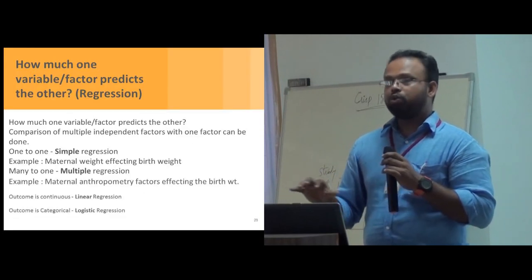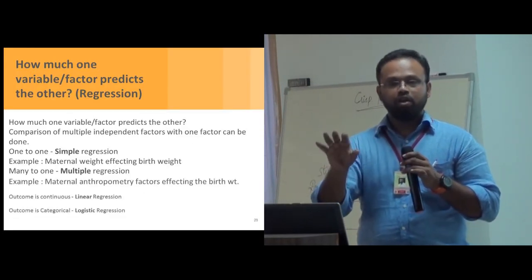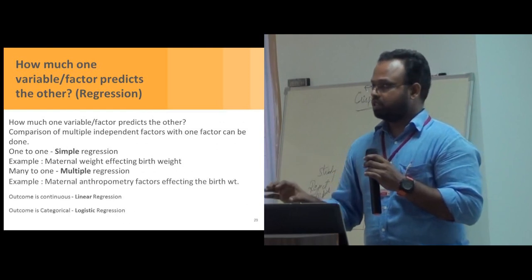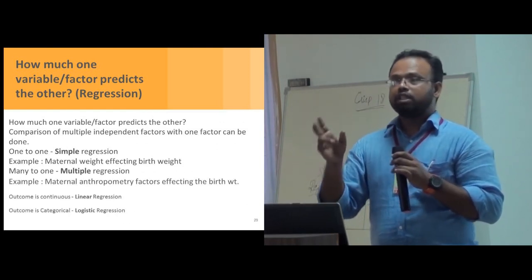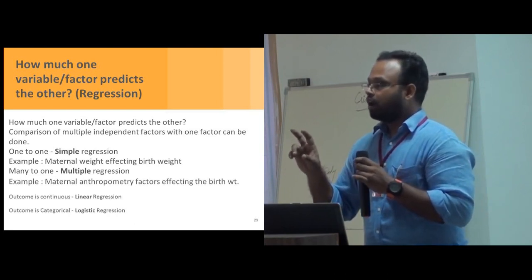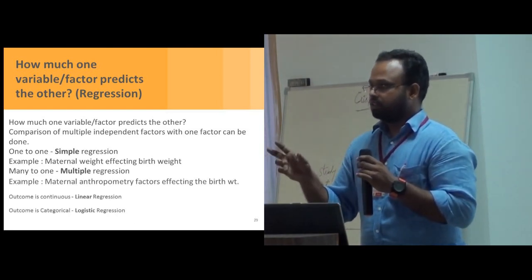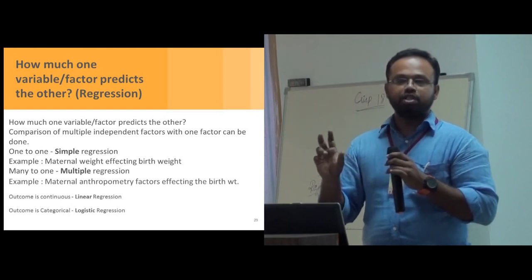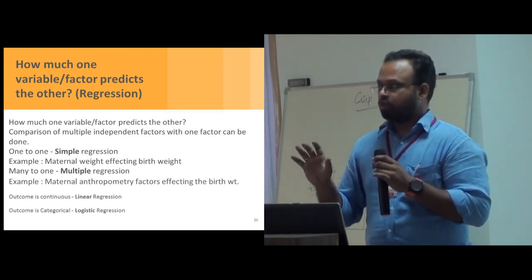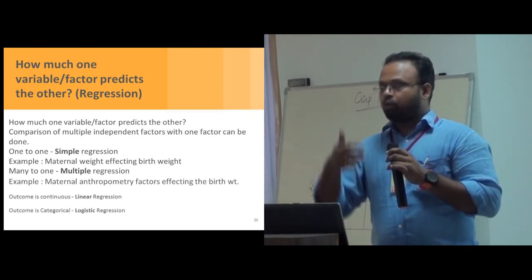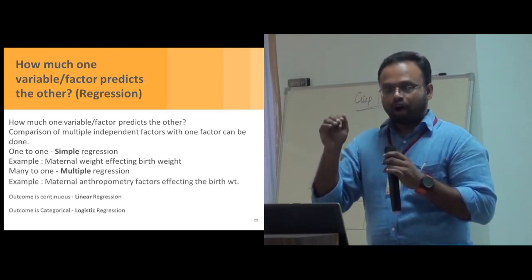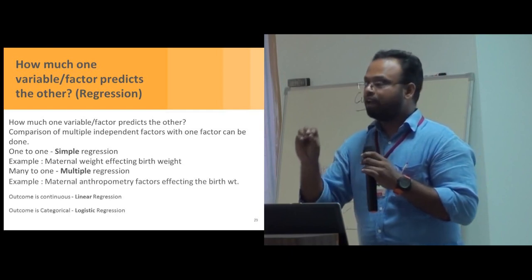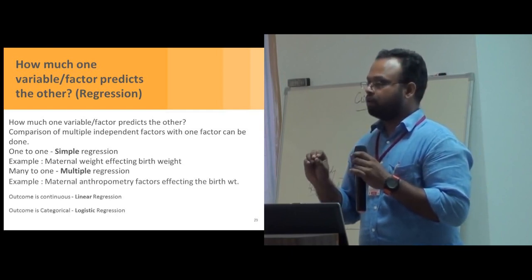Now we are moving into another concept. As of now, we were studying association: whether two variables are significantly associated with each other, or two groups are significantly different from each other, and then we use those tests. Now we are moving one step beyond it, and we are telling how much one variable predicts the other variable.